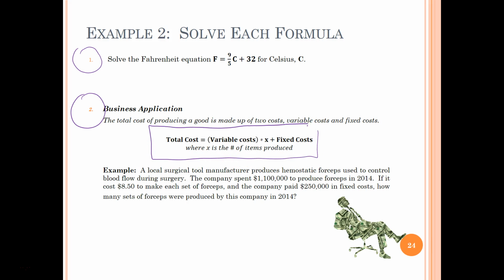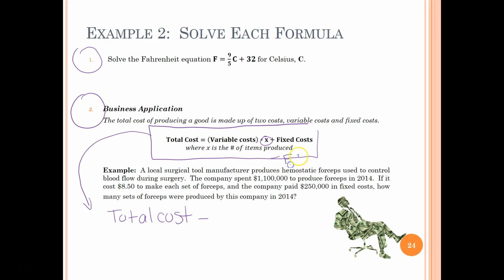Here what we're going to do is figure out how many sets of forceps were produced. Now we could work with this formula and actually look at how to solve for x, or we could plug it right in. I'm going to go ahead and do what we've done already and break down this formula. So we have total cost equals variable cost times x plus fixed cost. Let's do what we've done in the problems before and subtract the fixed costs from both sides of the equation.